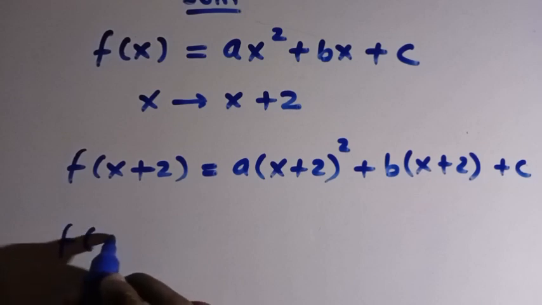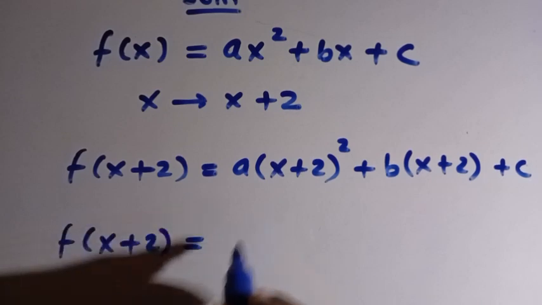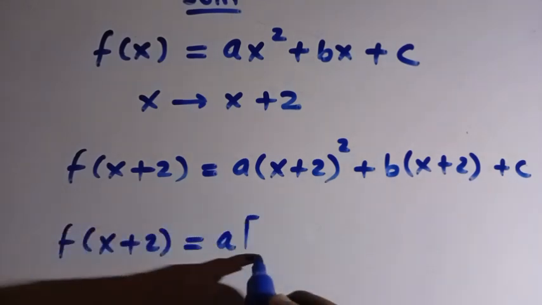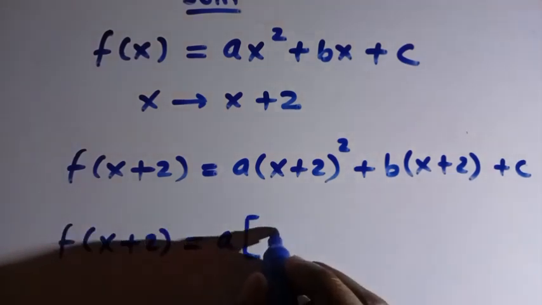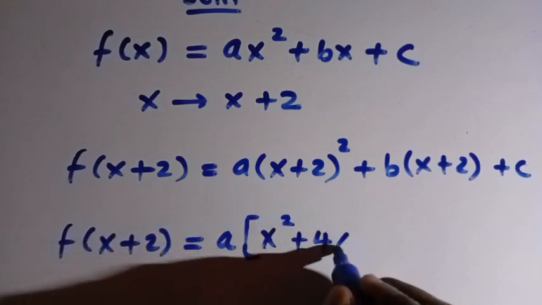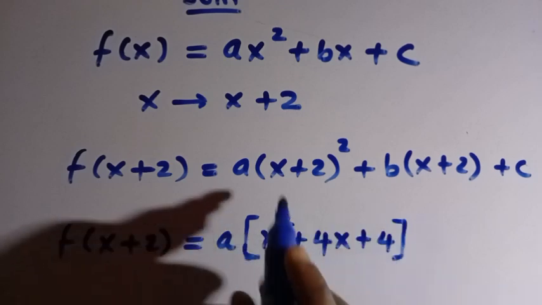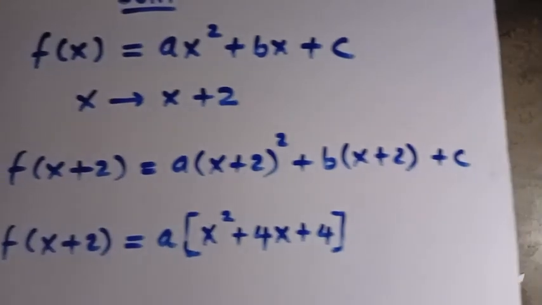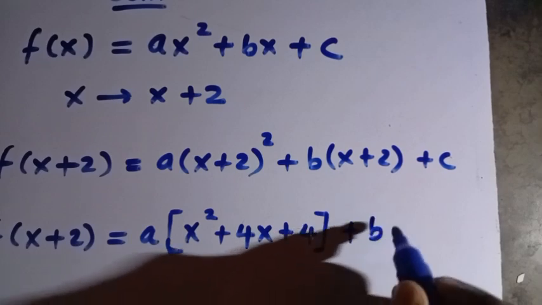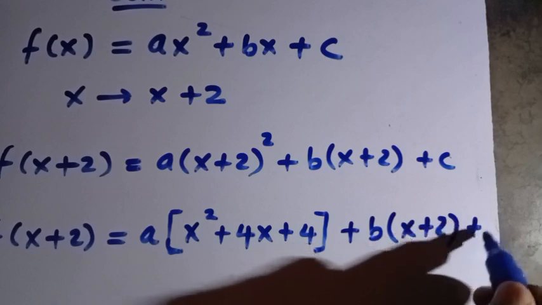When we expand this, we have f of x plus 2 equals, the expansion becomes a into bracket of x squared plus 4x plus 4, which is the expansion of x plus 2 squared. Then also plus b into bracket of x plus 2 plus c.